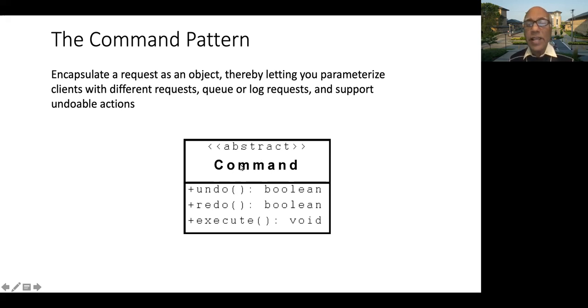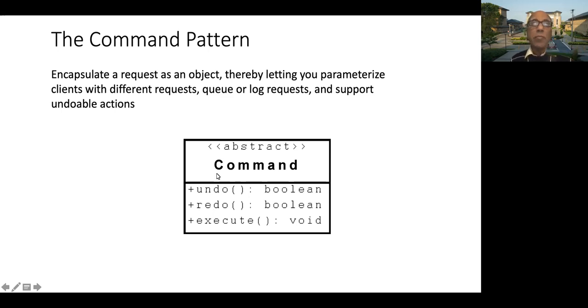When a command is created, it can be executed so that the command is in place. For example, drawing a polygon, it gets carried out. When we need to undo that, we will call the undo method. The command will know how to undo it. And if we need to redo it, we will call the redo method.